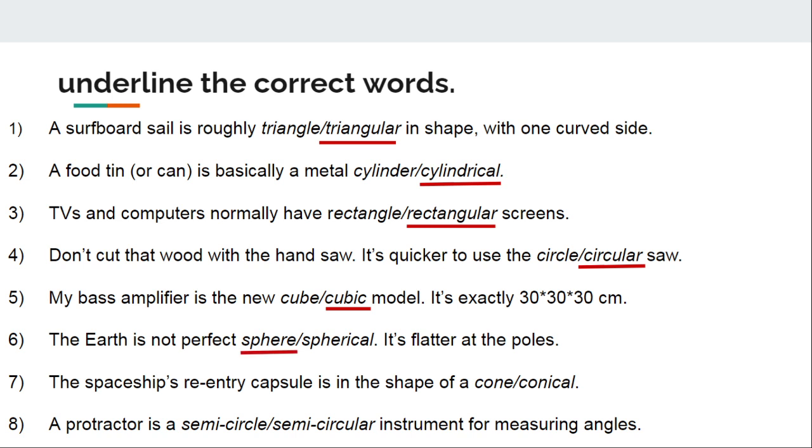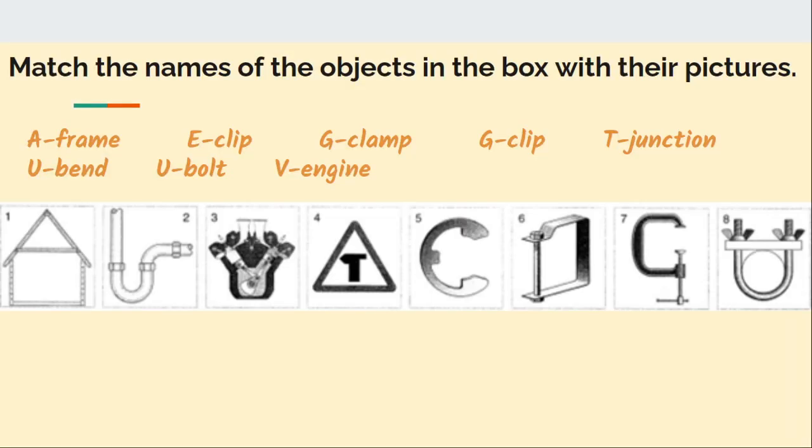It's flatter at the poles. The spaceship's re-entry capsule is in the shape of a cone. A protractor is a semicircle or semicircular instrument for measuring angles. Actually, it is a semicircular instrument for measuring angles.